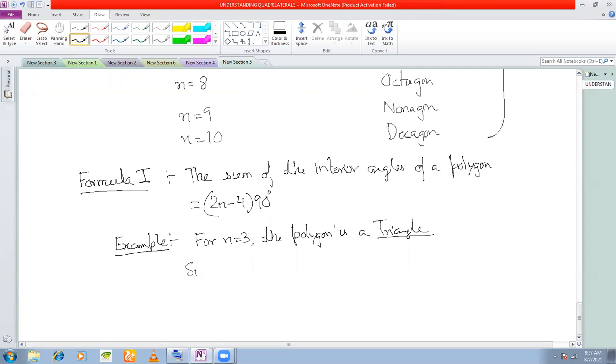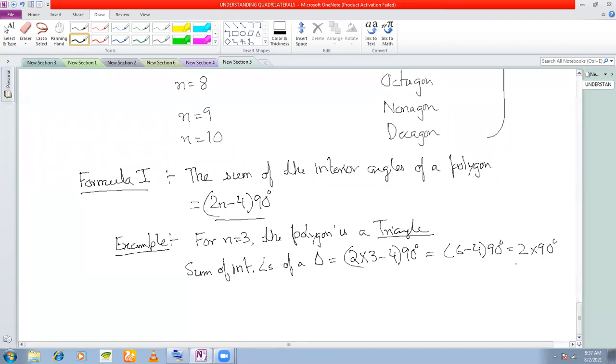So we have sum of interior angles of a triangle is equal to, put n is equal to 3 in this formula, (2 into 3 minus 4) into 90 degrees, which is 6 minus 4 into 90 degrees, which is 2 into 90 degrees, which is equal to 180 degrees. See, we have got 180 degrees here. Therefore, you can show from this formula also that it is equal to 180 degrees.